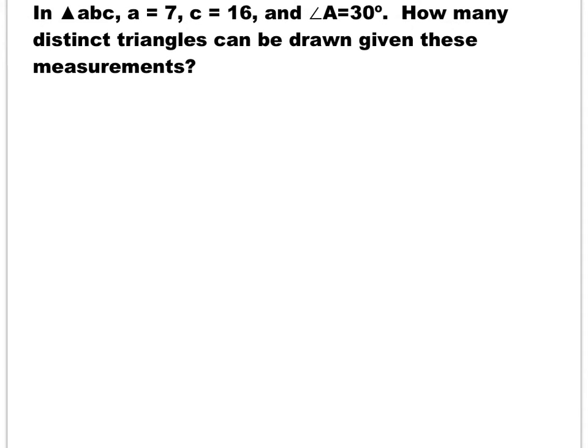In the next example, we have a triangle ABC. So this is ABC. Side C, which is in front of vertex C, is 16. Angle A is 30. And side A in front of vertex A is 7.